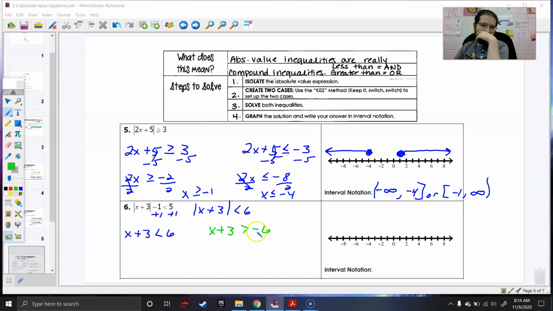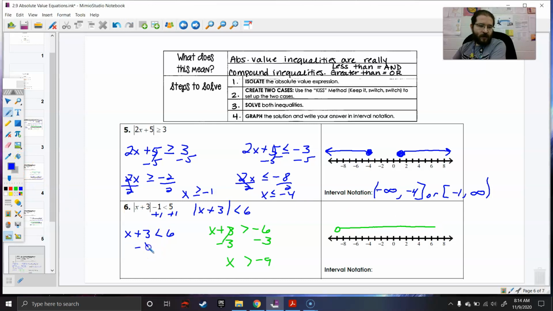So then we can just solve, we'll solve the green first since I'm already on it. So minus 3, x is going to be greater than, let's see, negative 9. So we have our negative 9, it's going to be open. All right, so it's going to be greater than.